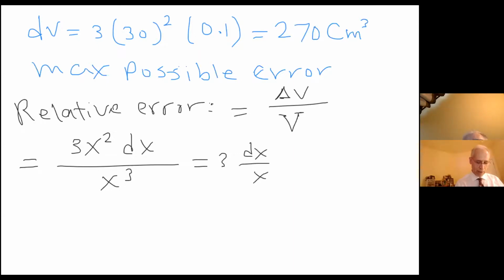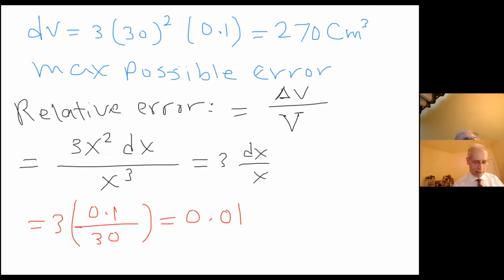And so this equals 3 times dx, given as 0.1, divided by 30, okay? And that equals 0.01. And this is my relative error. Much, much nicer than the previous number, the maximum possible error.